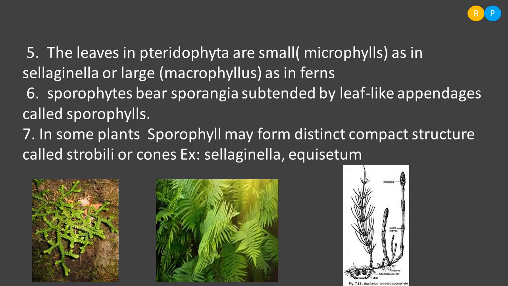Clear? So this is about the differentiation of leaf for the formation of spores. Understood? Yes. Let us understand how the spore formation takes place in the plant in the next slide. Before moving to that, have a look at some of the examples of pteridophytic plants. One example is Selaginella.